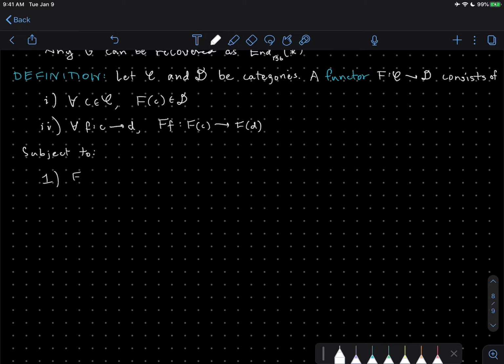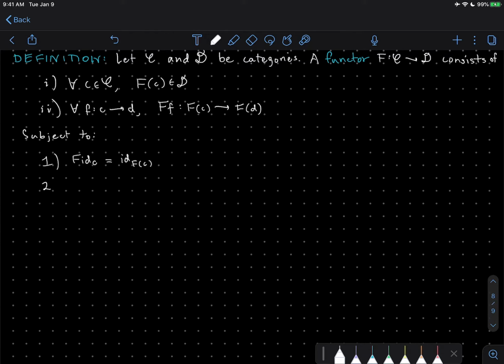So F of the identity on c is equal to the identity on F of c. And two, F of the composite g circ f is equal to F of g circ F of f.